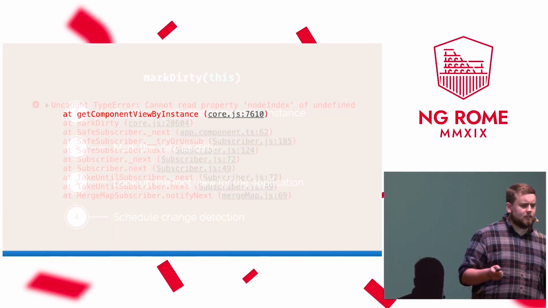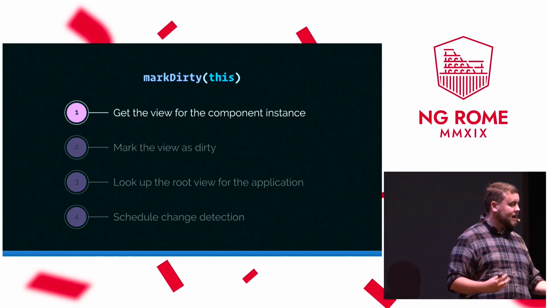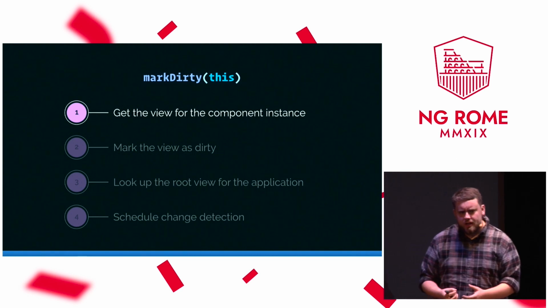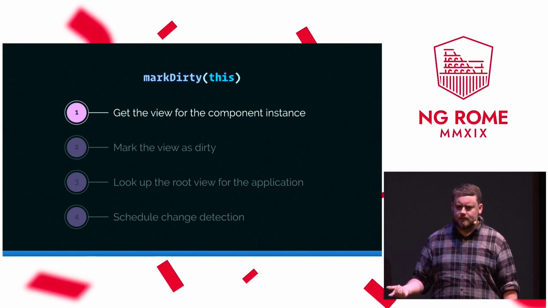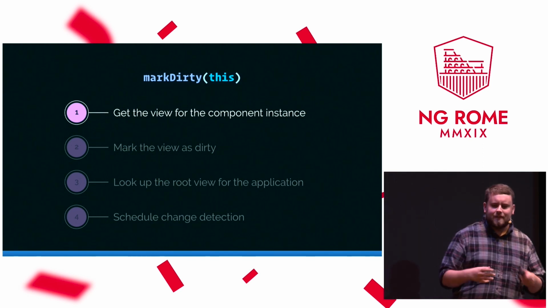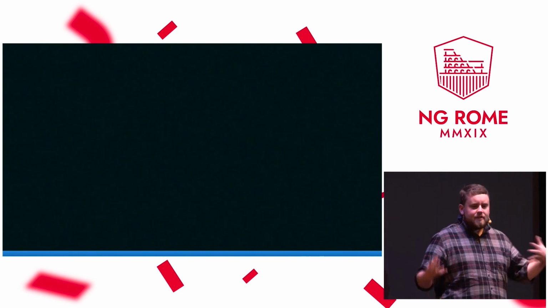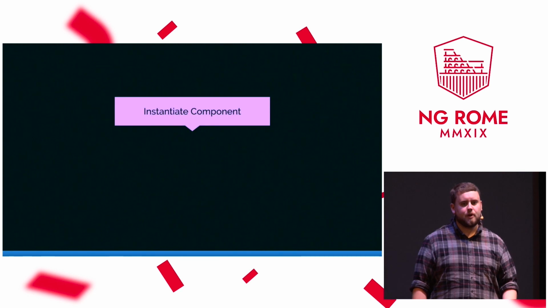If we go back and look at what markDirty is doing, the very first thing is it's trying to get the view for the component instance. So what seems to be occurring here is that when I'm calling markDirty, it can't actually find the view yet. So I dug into Ivy's internals a little bit more, and this is what I found out. When Ivy creates a component, the first thing it does is create an instance of your component class.